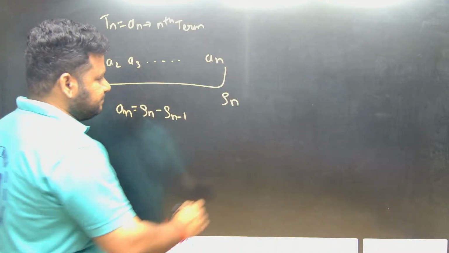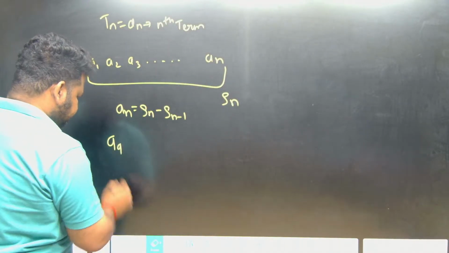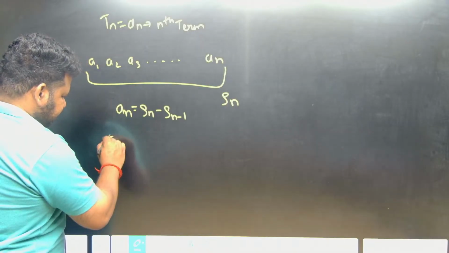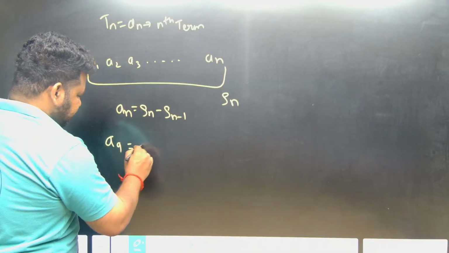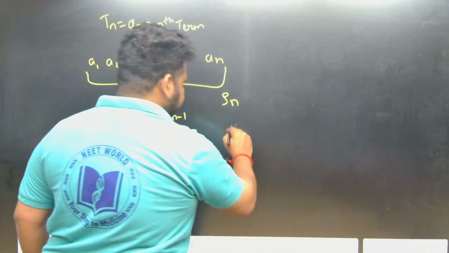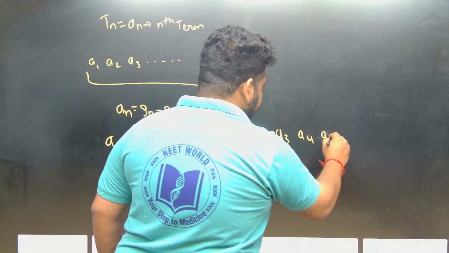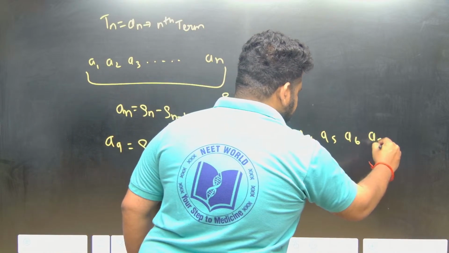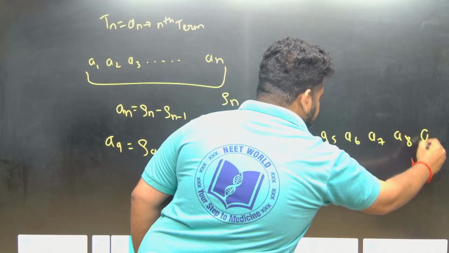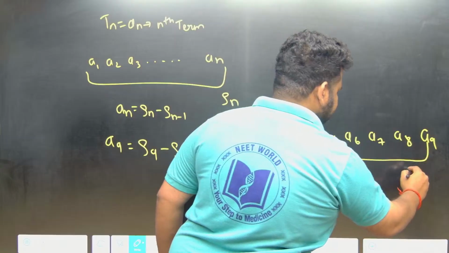Suppose we have A9. This A9 can be written as S9 minus S8. That means, suppose we have A1, A2, A3, A4, A5, A6, A7, A8, A9. The sum of all these terms up to A9 will give us S9.